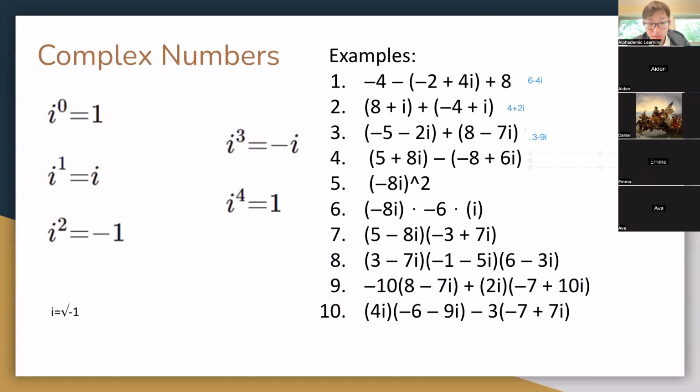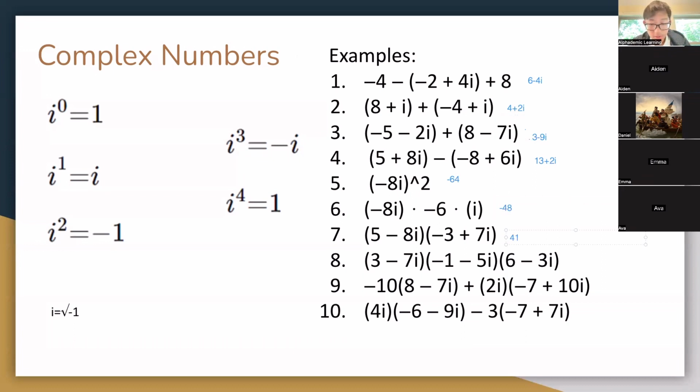For number 4, it would be 13 plus 2i. Then for number 5, it would be negative 64. Next one, number 6, negative 48.